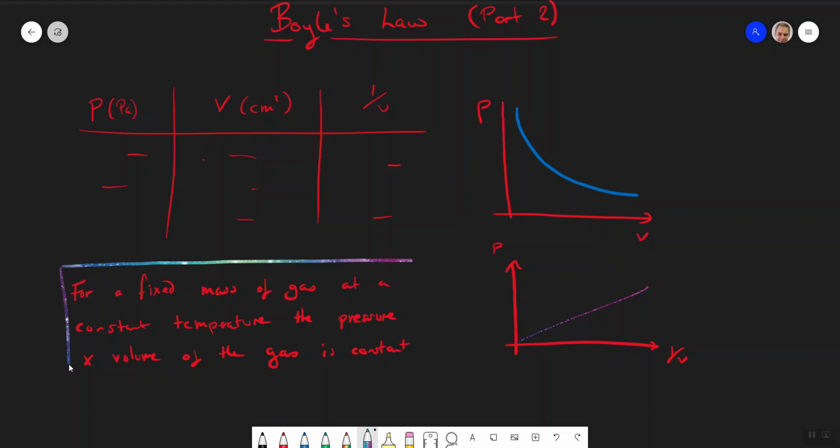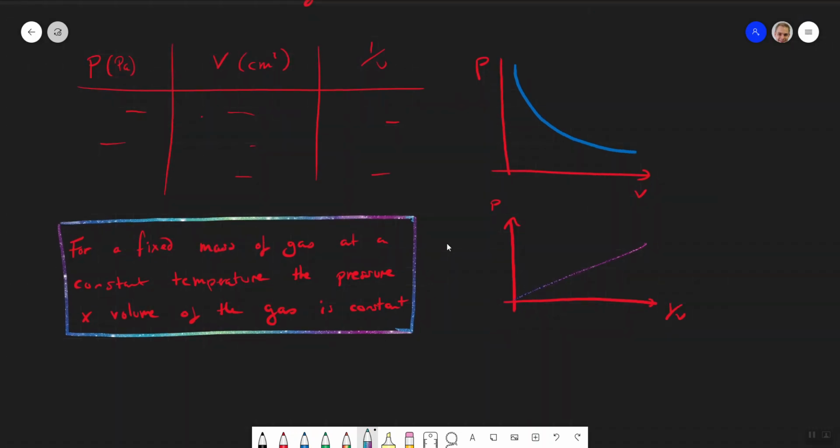Now, today we're going to see how we can use that to actually work things out, because as a sentence it's what the law is, and we've got our assumptions. We're assuming that we have a constant temperature. I'm going to assume that the mass of gas is always going to be the same, because otherwise, say, our balloon would have a leak in it.